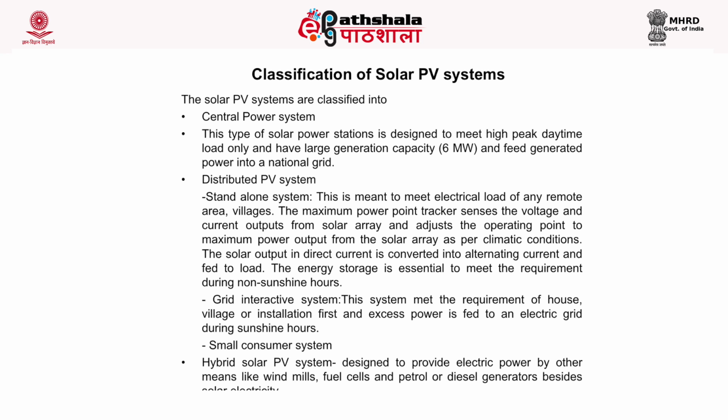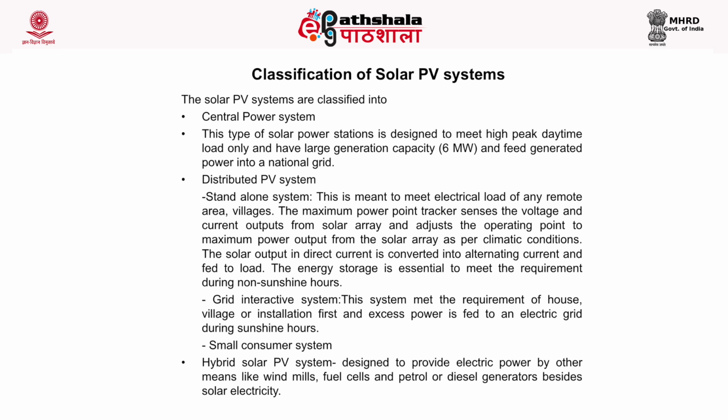Distributed PV systems are again subdivided into standalone system, grid interactive system, and small consumer system. Standalone system is meant to meet the electrical load of any remote area, like villages.